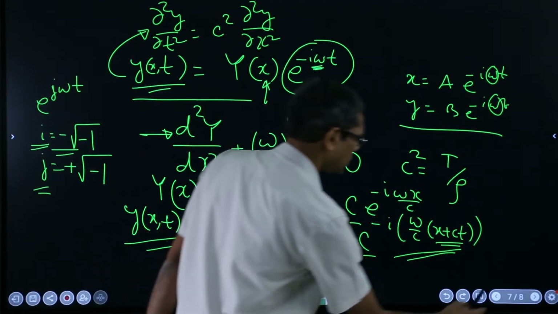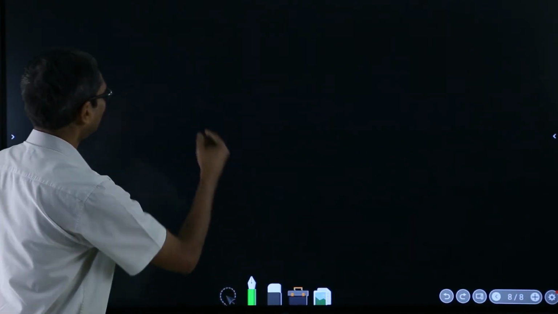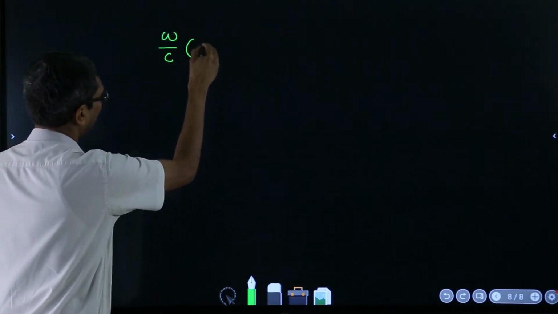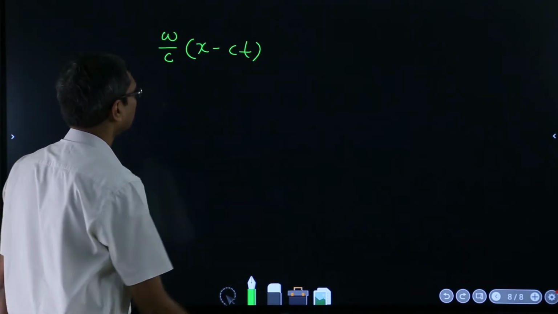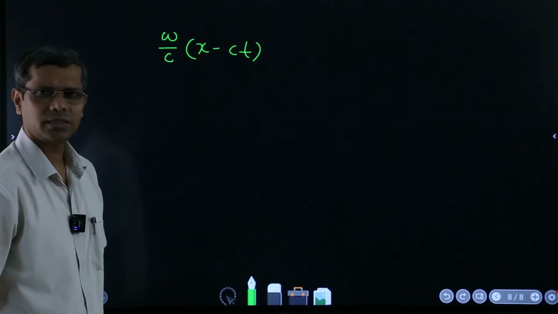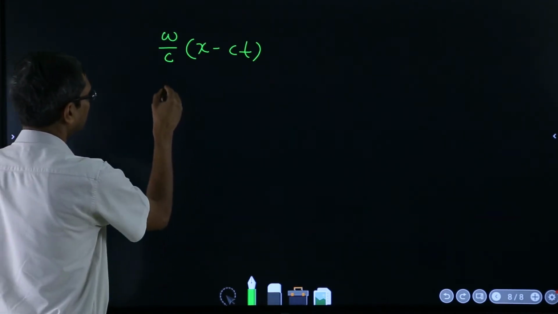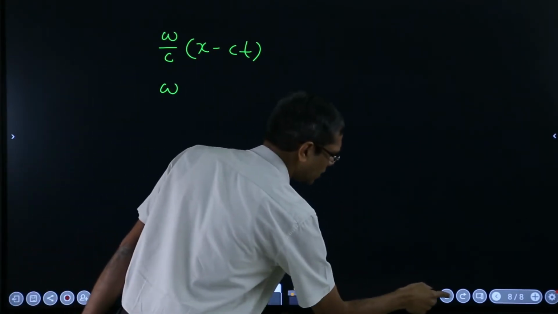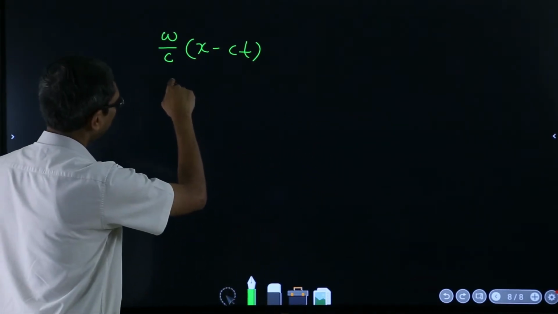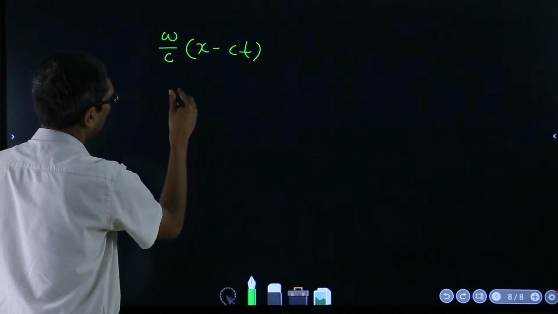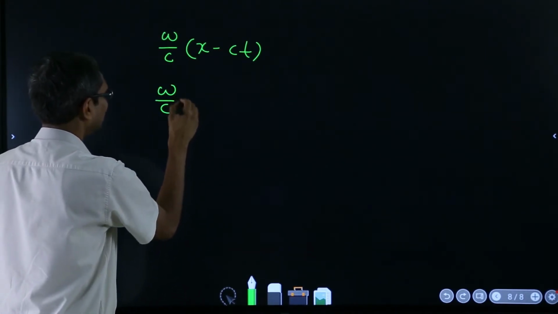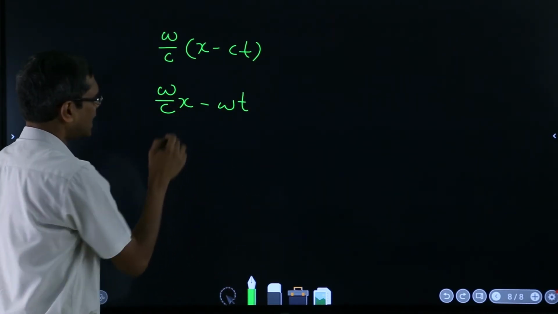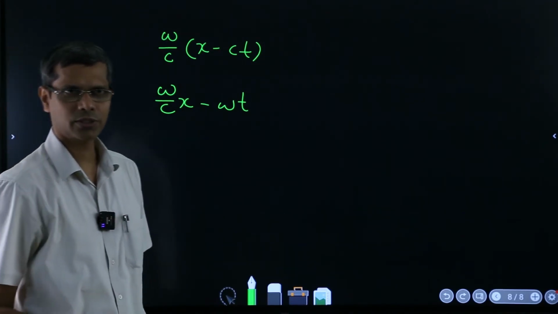Now there are certain points. For example, this form, omega over c (x minus ct), can also be written as omega over c x minus omega t, but then this has got a name attached to it.